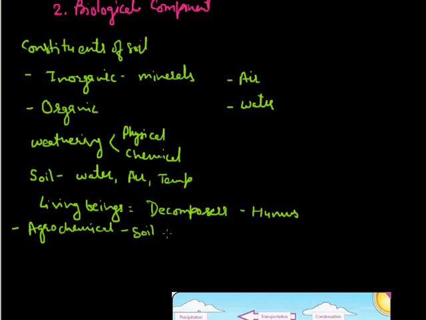Soil pollution can be prevented by organic farming. Agrochemicals are responsible for soil pollution, but soil pollution can be controlled by organic farming.